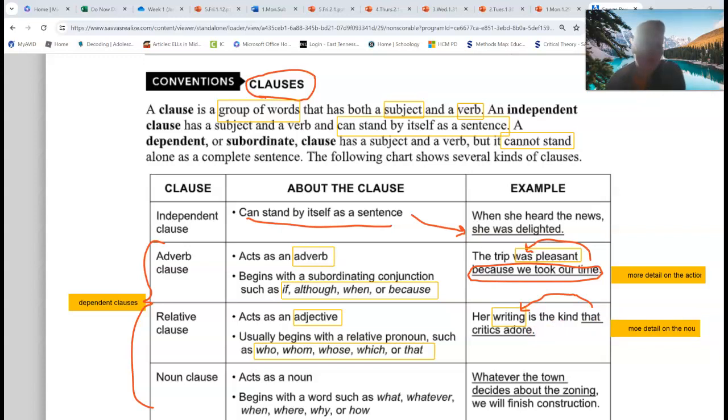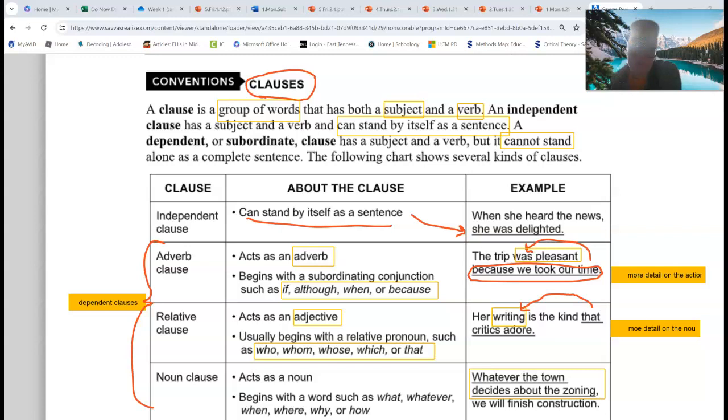All right, so you could get that confused with a noun clause, right? The big difference is it acts as a noun. So the relative clause gives more detail about another noun. The noun clause acts as a noun.